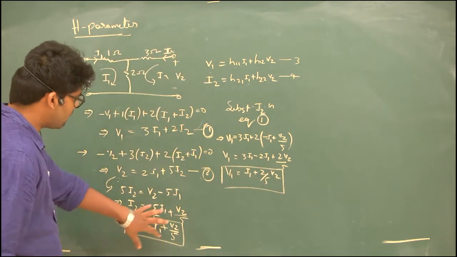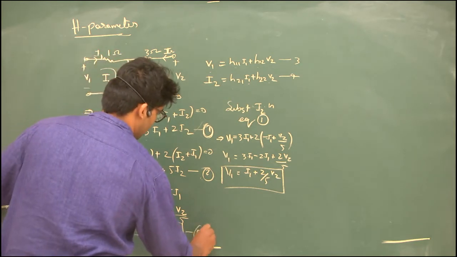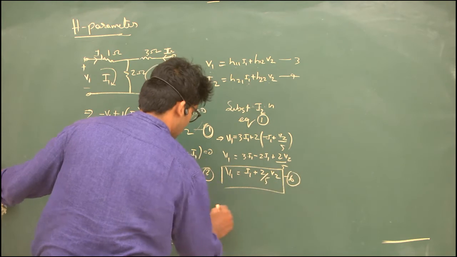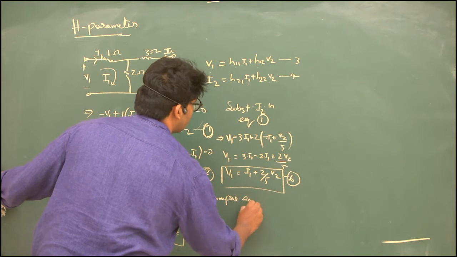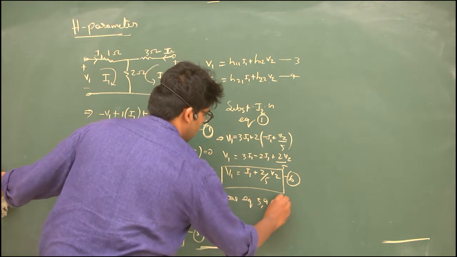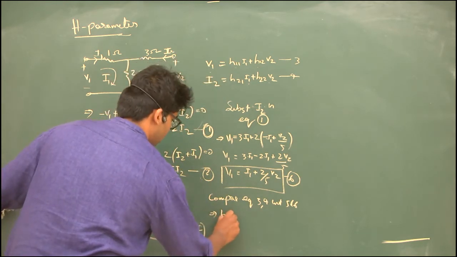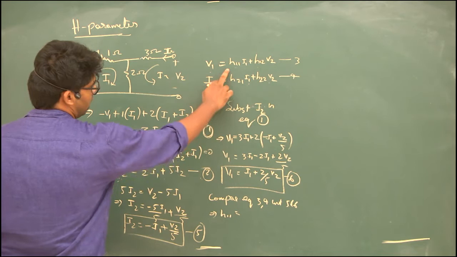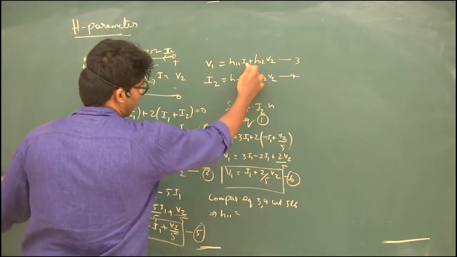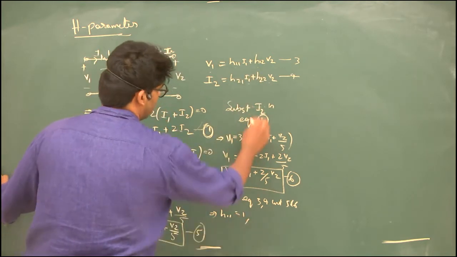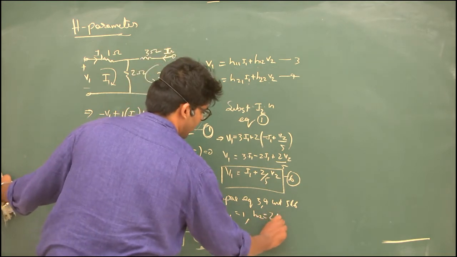Let us name these equations 5 and 6. Comparing equations 3 and 4 with 5 and 6, you will get the h parameters. Comparing with equation 6, h11 equal to 1 and h12 equal to 2 by 5.